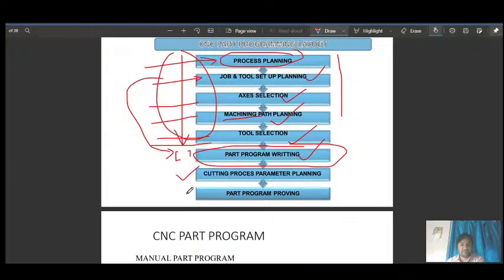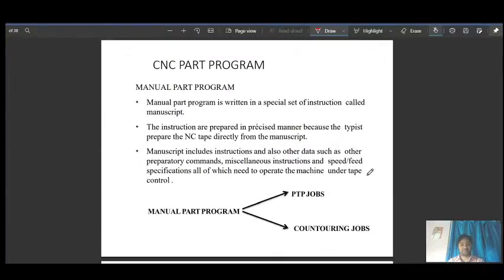And then after completion of the part program we need to verify it, so we run it virtually and we see the tool path. If the tool is moving the same way we have planned, then that means our part program is okay, and then we can run it on the machine directly for the machining operation.